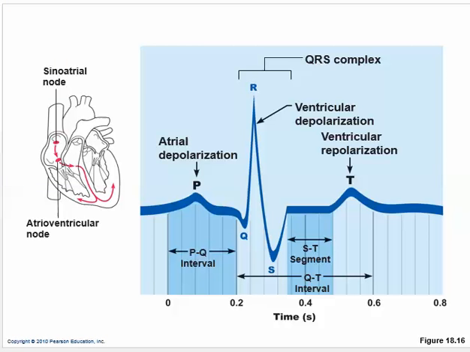What happens here is when the SA node starts to depolarize, when it reaches the action potential, because it's spontaneous pacemaker cells, it happens right about here.